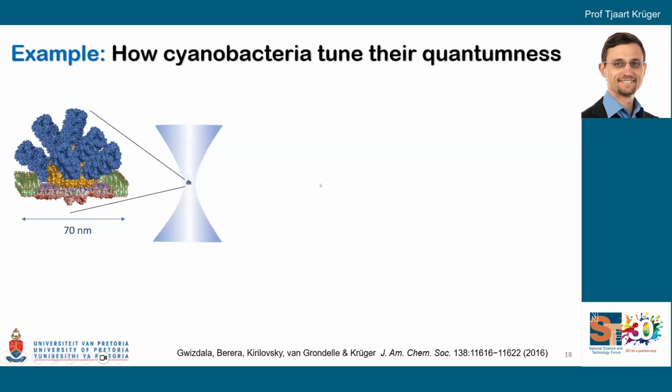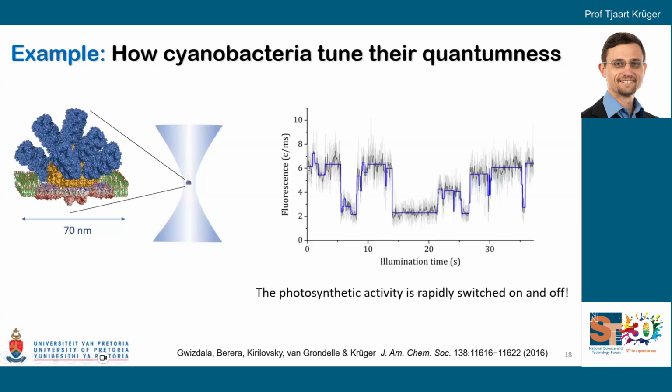And when doing that, what we saw was that the photons that they emitted, so the photon stream, as you continuously excite them, it switches on and off. This is really fabulous that they are switching this on and off. So it's just a constant excitation intensity, but then the emitted photon stream switched on and off.